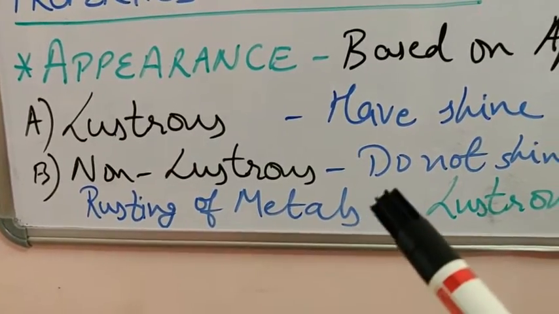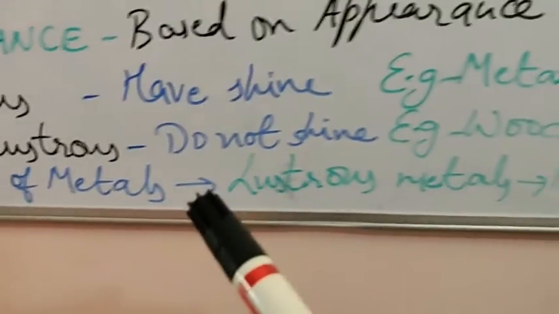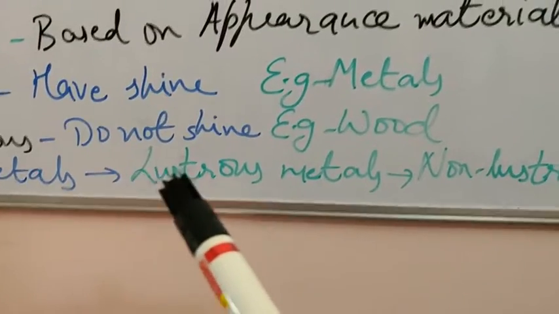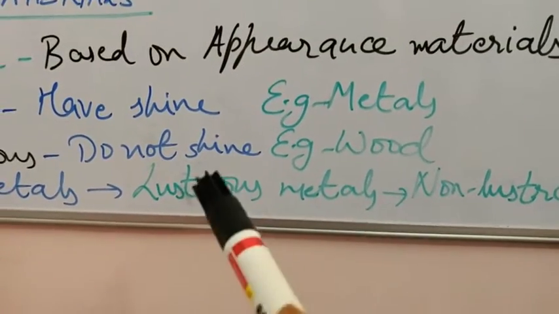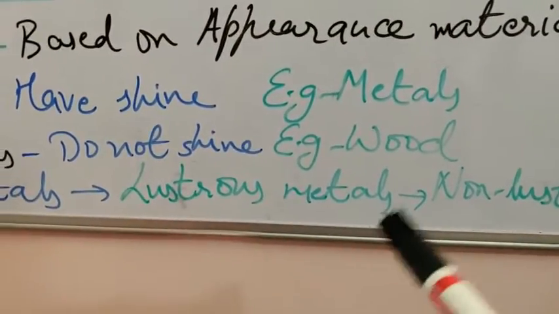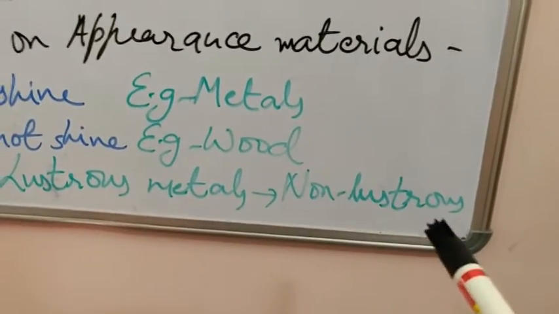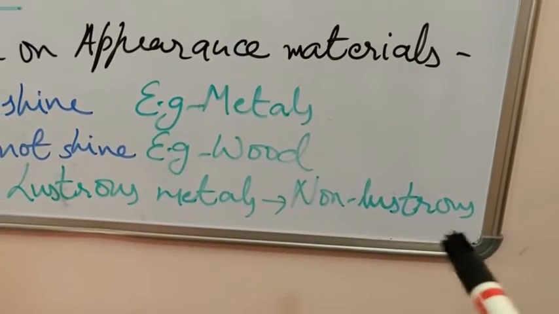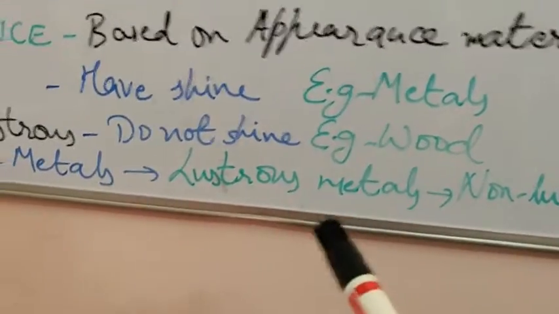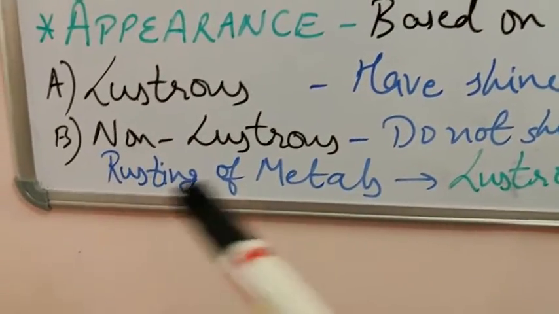So we can say that rusting of metals results in the reduction of luster in the metals. The lustrous metals may appear like non-lustrous metals. So it loses its shine or appearance because of this rusting.